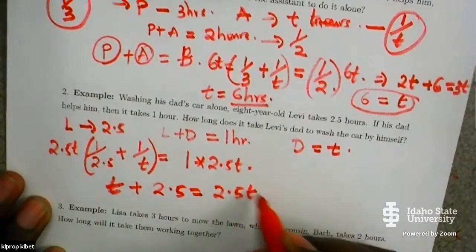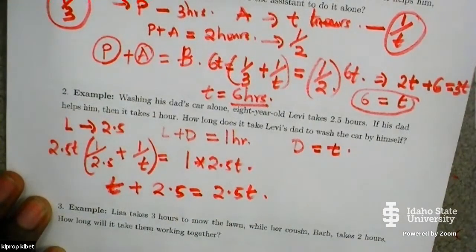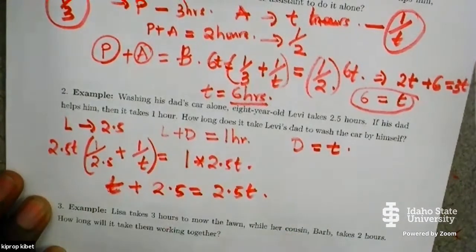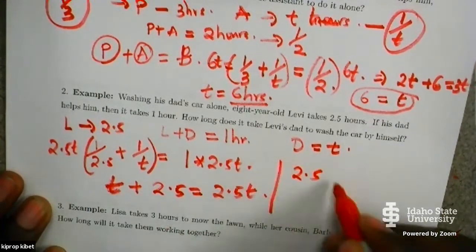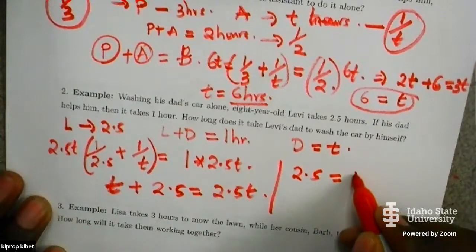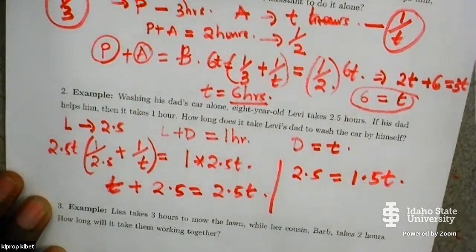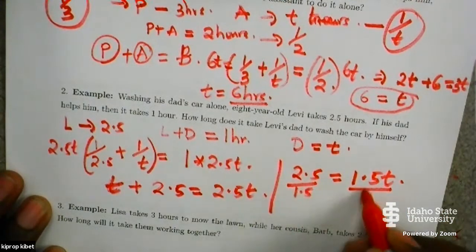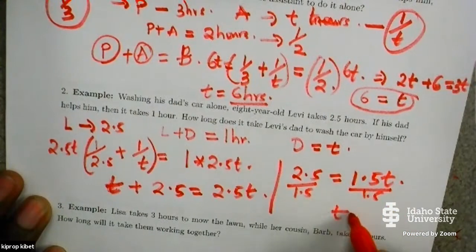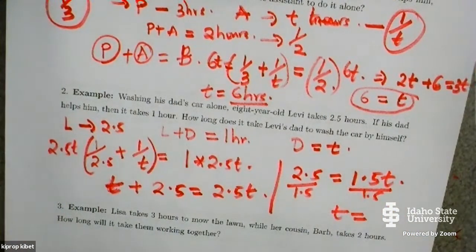So you can take t to the other side, so you get 2.5 equals 1.5t. Then you divide both sides by 1.5. So what is our t? It's 25 over 15.